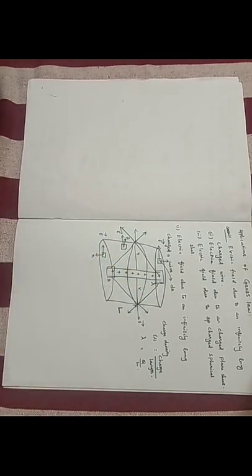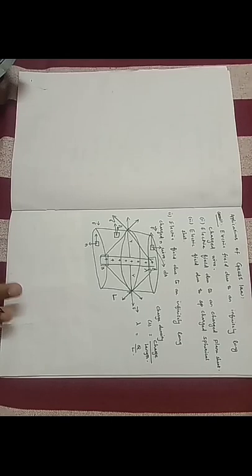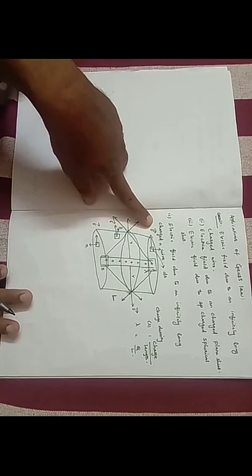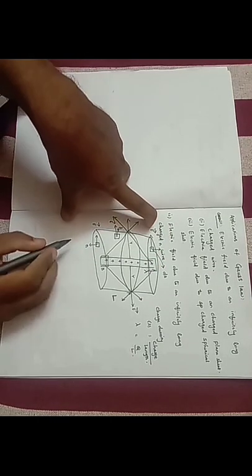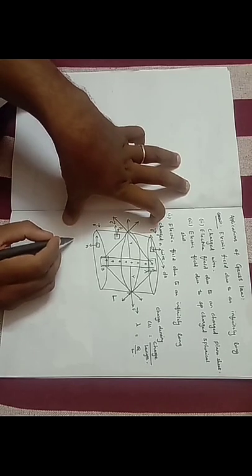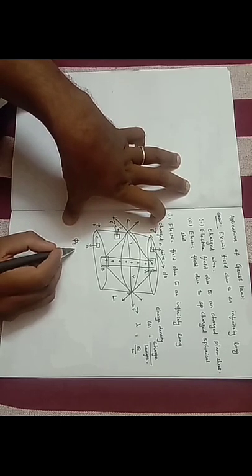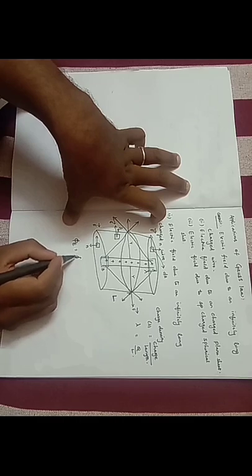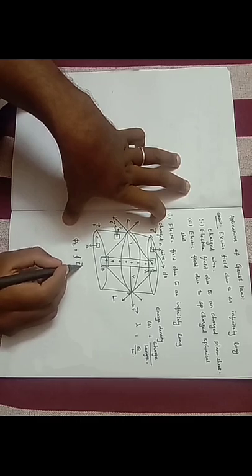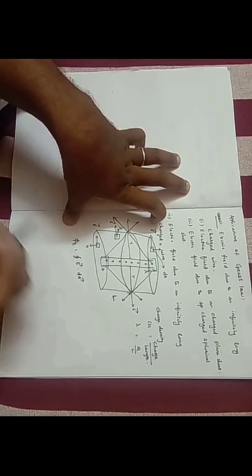By using this concept, we are going to calculate the total electric flux using Gauss law, to determine the electric field due to an infinitely long charged wire. From the definition, you know the formula to calculate the electric flux: phi E is equal to the closed integral of E vector dot dA vector.